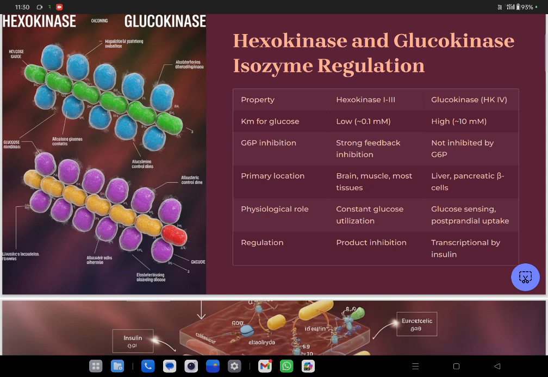Where it is located: hexokinase is located in brain and most tissues, and glucokinase in liver, pancreas and cells. Hexokinase has a much stronger affinity for glucose than glucokinase. That is because during times of starvation, brain gets the first call for glucose, not liver. So glucokinase's affinity is much lower.